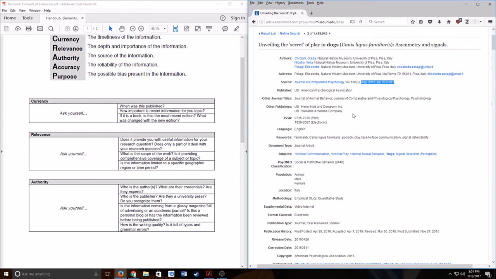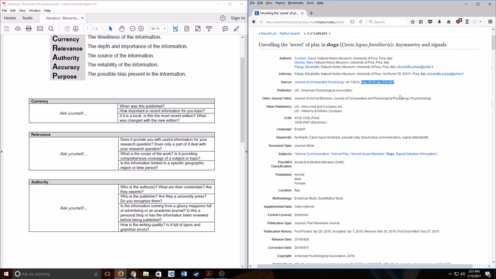Sometimes for history topics, it doesn't have to be that up-to-date, or philosophy or things like that. Older sources would be just fine. So it's important to realize what your topic is about and how important it is that the information is recent. Alright, so currency, we found it's very current. We're talking about the sciences, so we want it to be current.